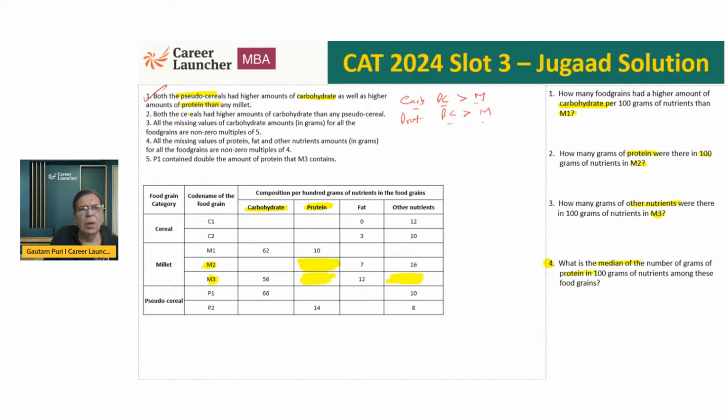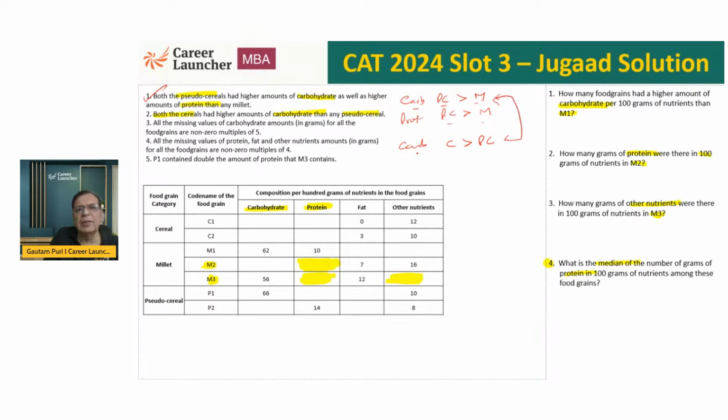What is statement 2 telling me? Both the cereals had higher amount of carbohydrate than pseudo cereals. So what it is saying is, as far as carbohydrates are concerned, cereals have more carbohydrate than pseudo cereals. Can we combine these two?